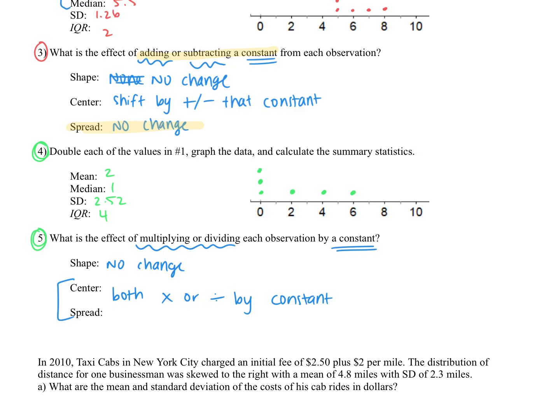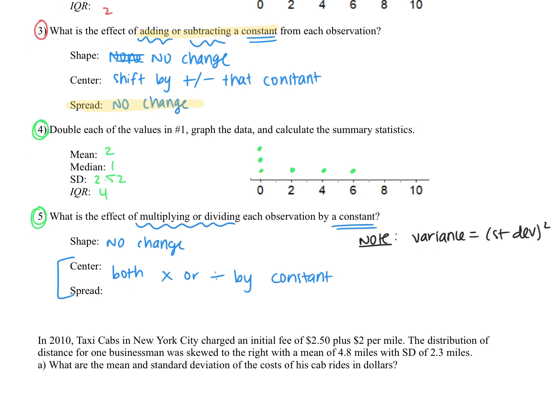There is one slight thing to take note of. We've only talked about this once, but if we remember, variance is standard deviation squared. Variance is a measure of spread.